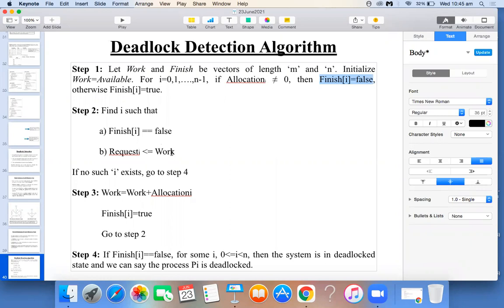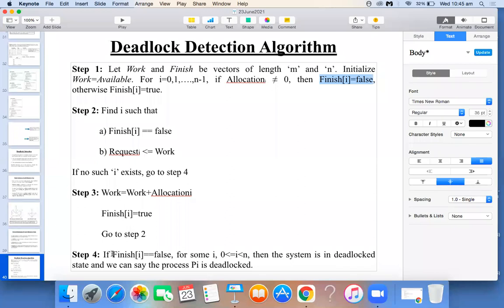If no such process is present, it means all the processes have completed. Then you go to step number 4, which indicates that the process cannot be granted that particular request.